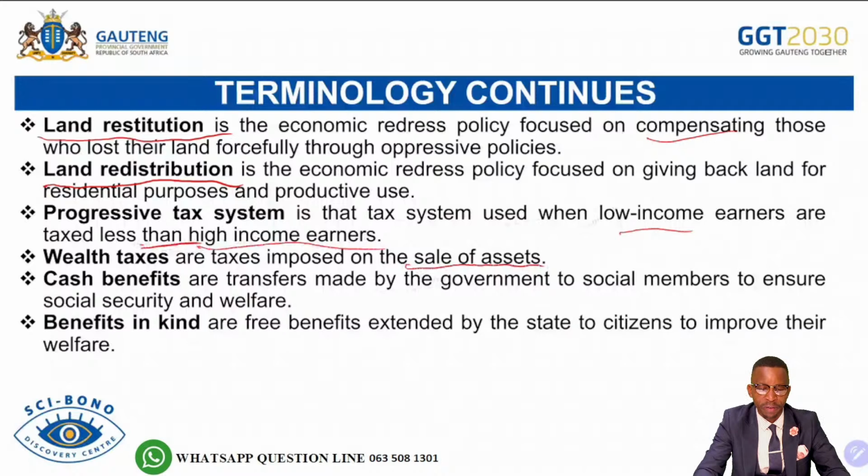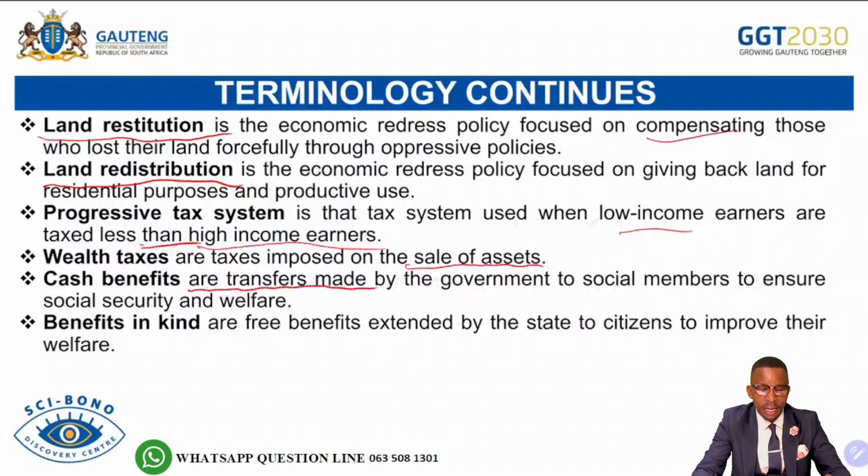In this case, we refer to the provision, the transfer of money by the government to social members that are eligible. For instance, transferring the old age grant, social wages, and also the child support grants.